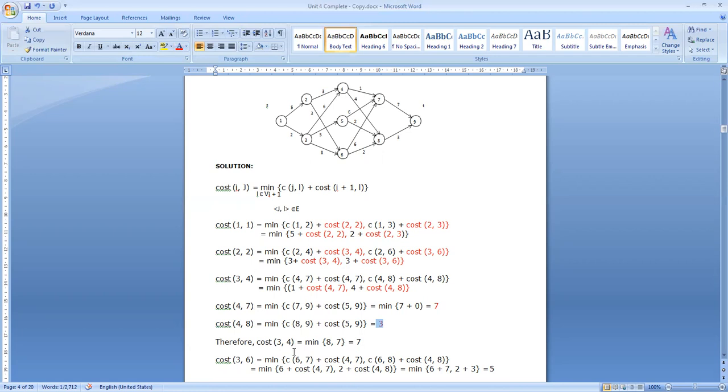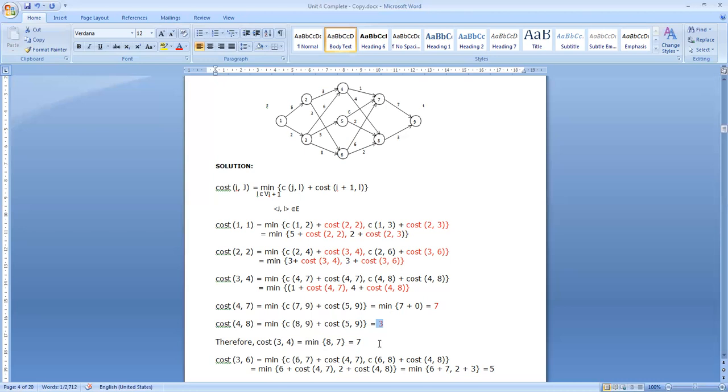Now you supply these values, that is cost of 4, 7 and cost of 4, 8 in cost of 3, 4. So cost of 3, 4 is equal to minimum of 1 plus cost of 4, 7. 4, 7 is 7. So 1 plus 7 is equal to 8. Then 4 plus cost of 4, 8 is 3. 4 plus 3 is equal to 7.